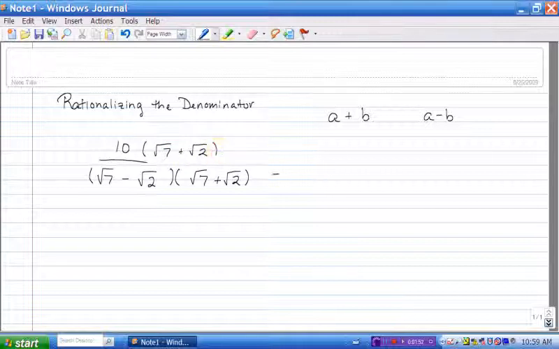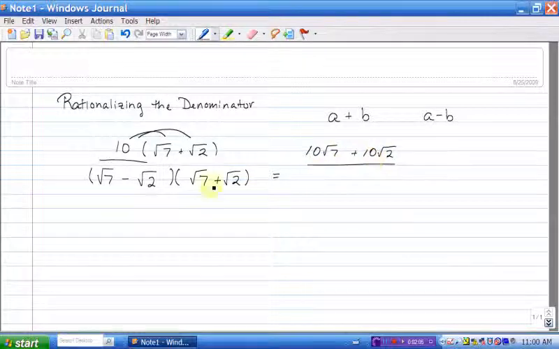Okay, so now I'm just going to do distribution, just like you've done before in the past. My first times my first is radical 7 times a radical 7. My outers would be plus radical 2 times a radical 7. My inners would be minus radical 2 times a radical 7.